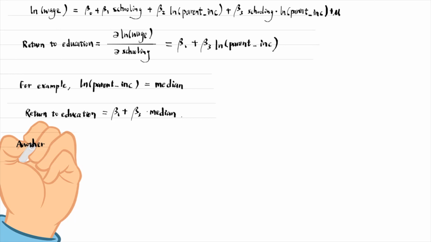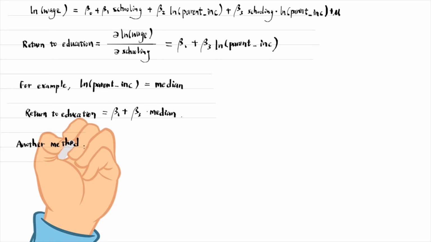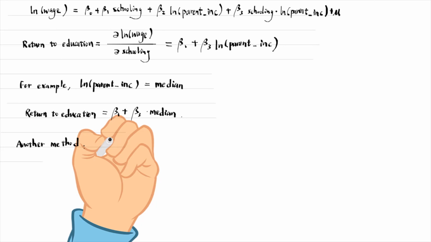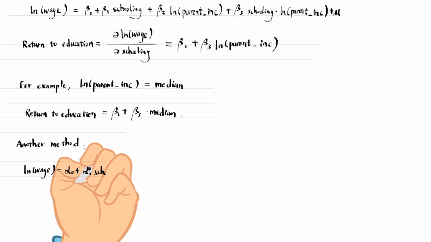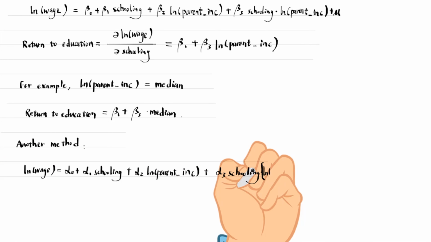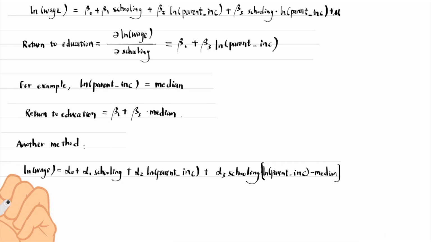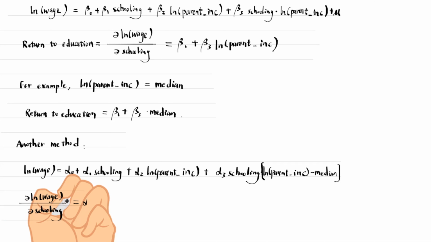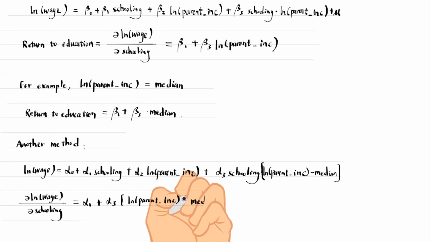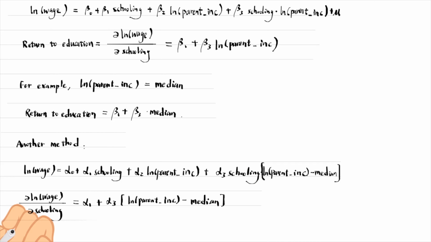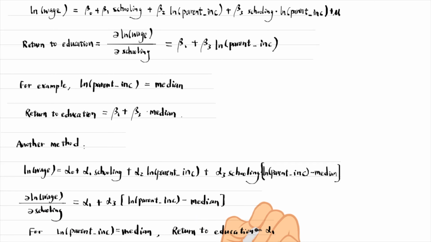Another method to find the return to education for different percentiles of parents' income is to construct a model like this. The coefficient of schooling will be the return to education for particular groups of workers.